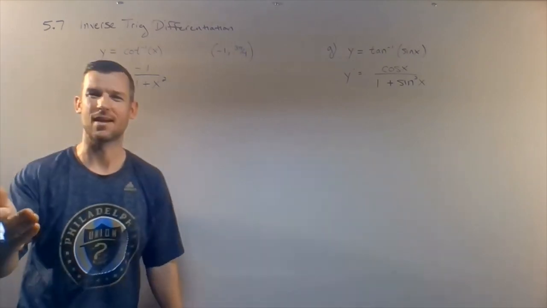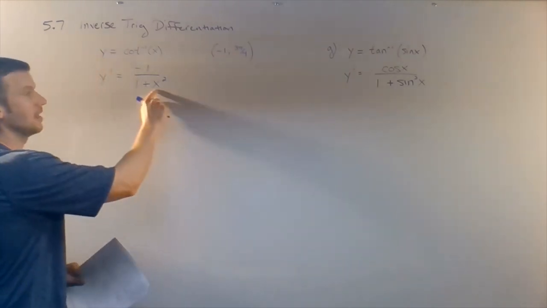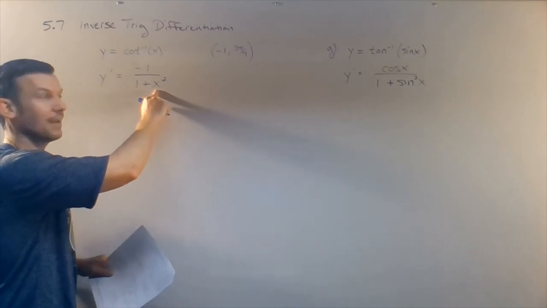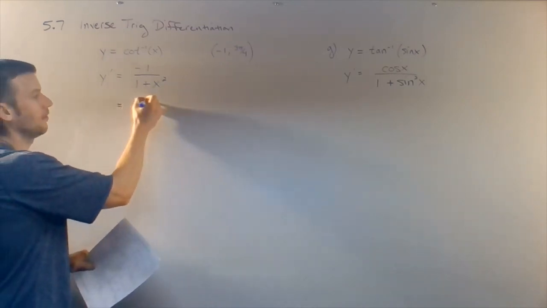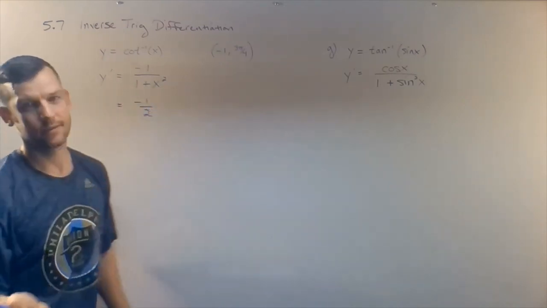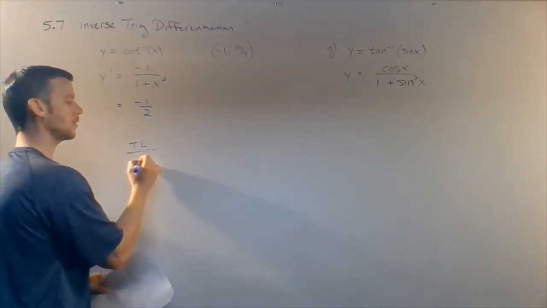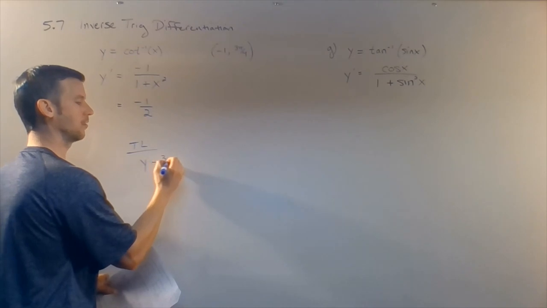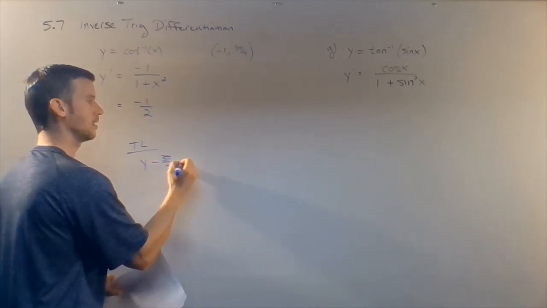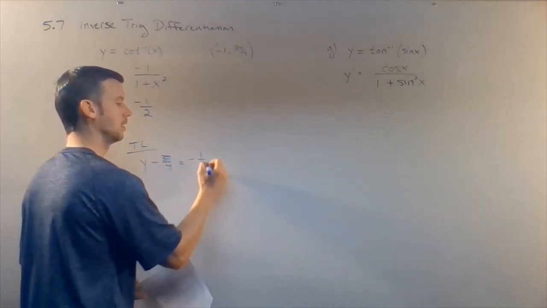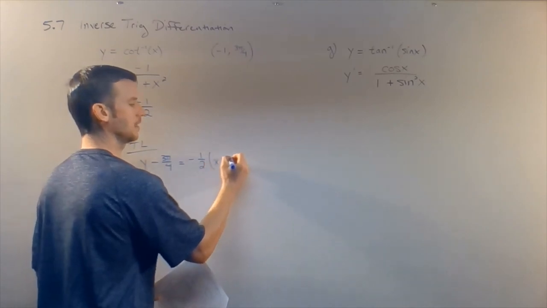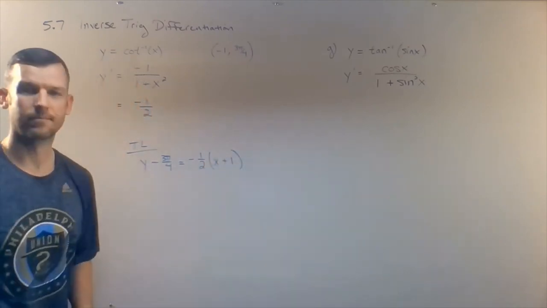I forgot to square the negative. All right. So if you plug -1 in and you square it, that's +1. So you get -1 over 2. Okay. So that's our slope. Tangent line would be y minus the y value equals the slope times x minus the x value. There's your tangent line.